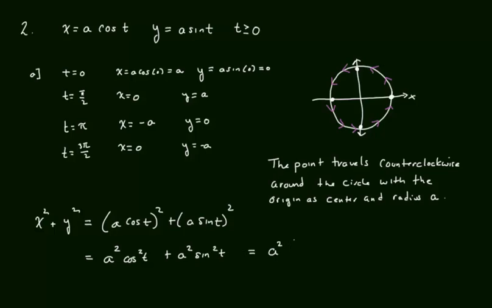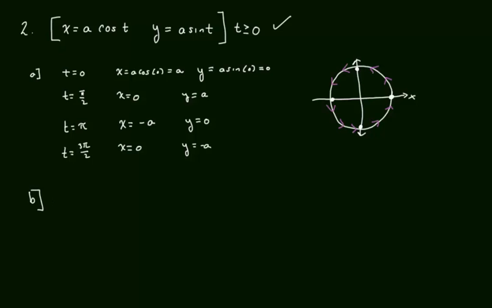I can factor out the a squared, and that gives cosine squared t plus sine squared t, which of course you recognize as 1, so a squared. Put this together, and we get x squared plus y squared equals a squared, which is definitely a circle with center at 0, 0, the origin, and radius a, confirming that. But you should know that. You should be able to see that right away and say, I've got a circle with radius a.